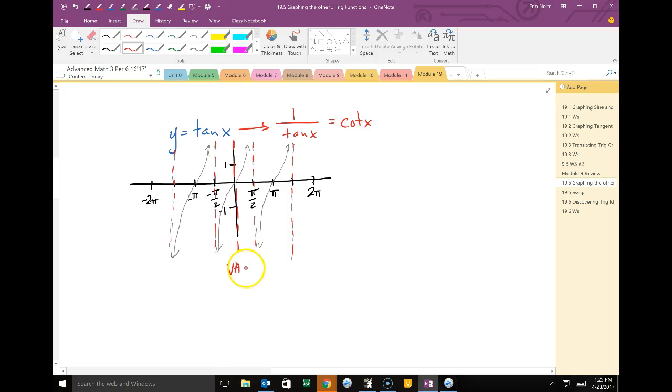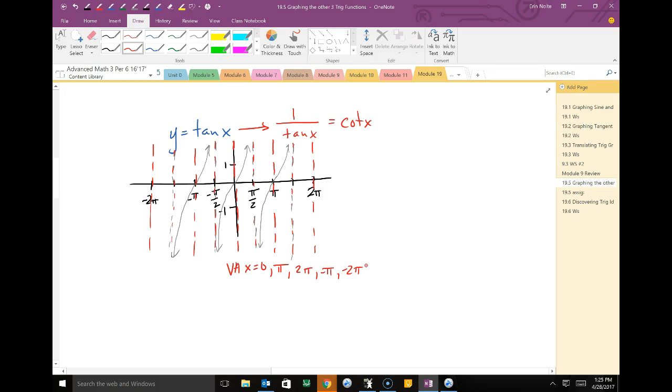So I have vertical asymptotes at x equals 0. Where else does it cross the x-axis? Pi. Okay, so you have one at pi. If you kept going, you'd have one at 2 pi, one at negative pi, and if you really wanted to keep going, also negative 2 pi.